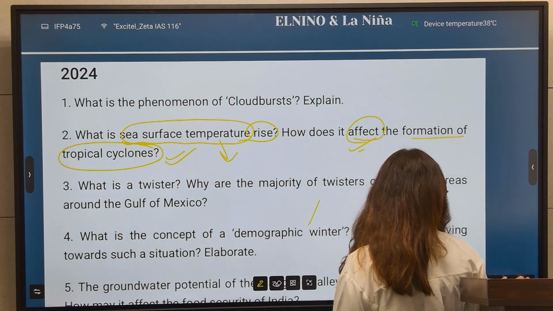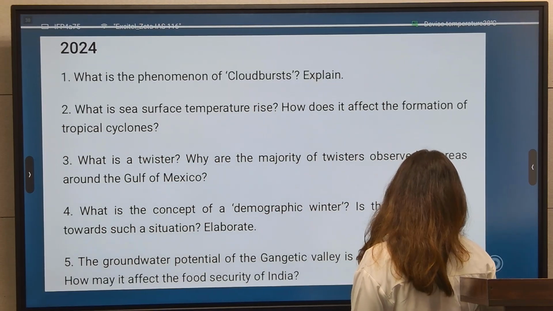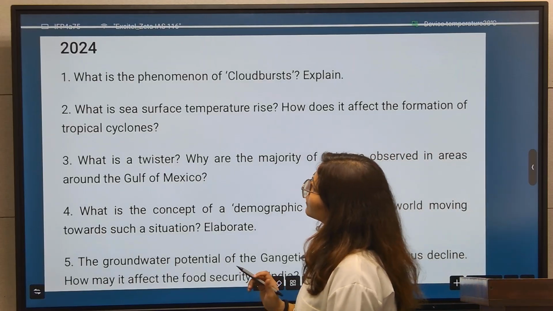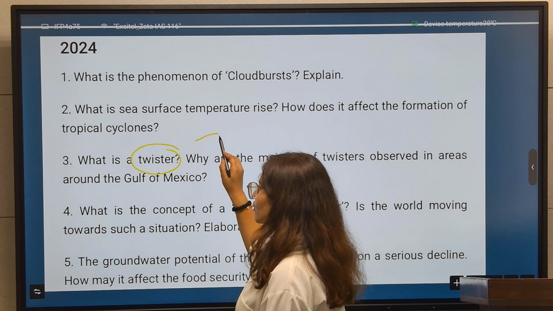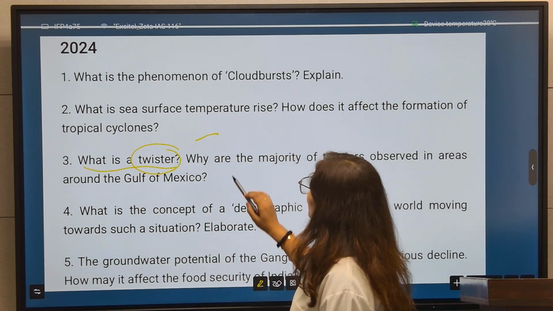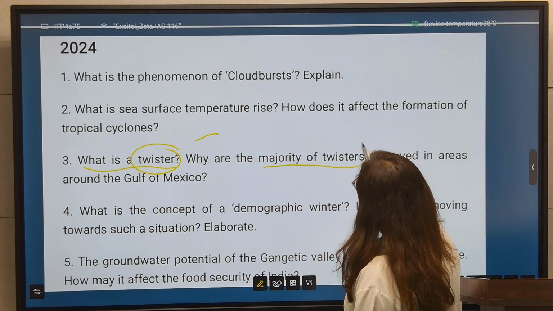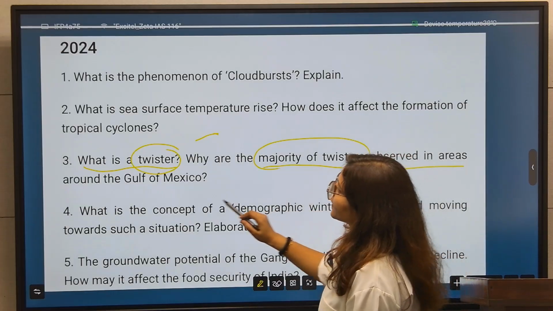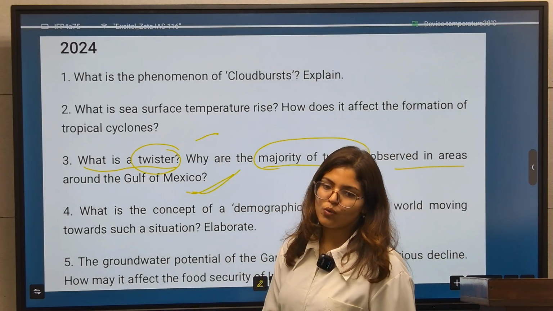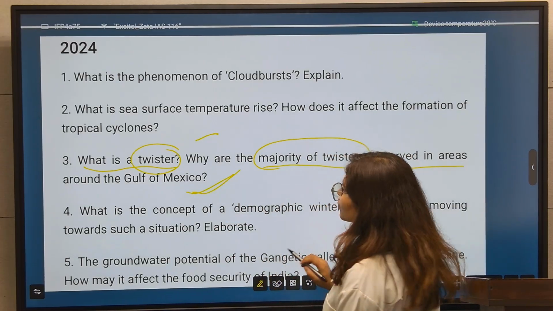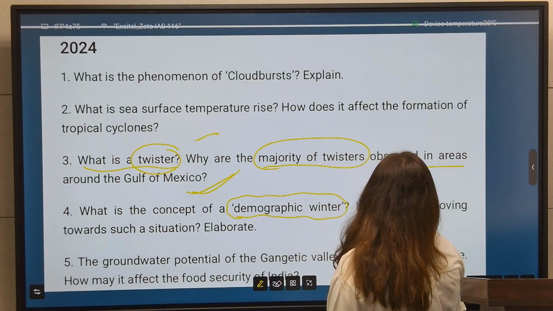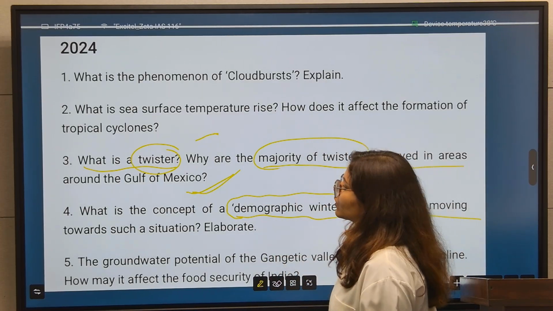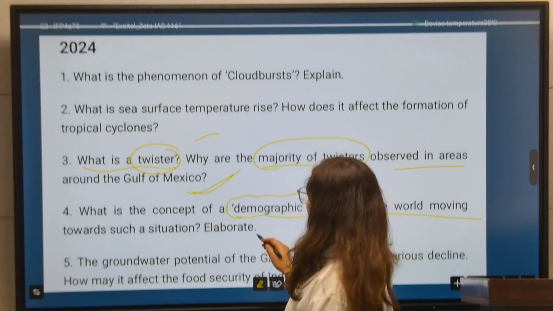Third question: what is a twister? Many people don't know this term. Twister is tornado only. So what is a twister? Why are the majority of twisters observed in the area around the Gulf of Mexico? Fourth question: what is the concept of demographic winters? Is the world moving towards such a situation? Elaborate.